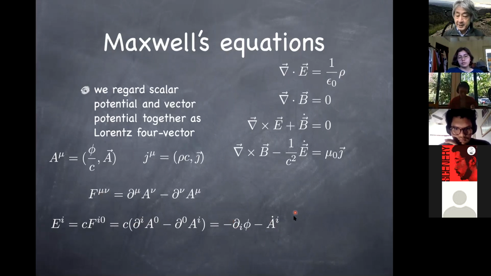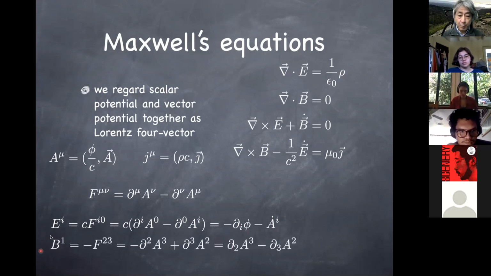But nonetheless, this is the original expression we knew from classical electromagnetism when you write electric field using scalar potential and vector potential. In the magnetic field, for example, the B1 component turns out to be F^23. And again, you need to be mindful of the sign change when you bring the spatial derivative with upstairs index to downstairs index.